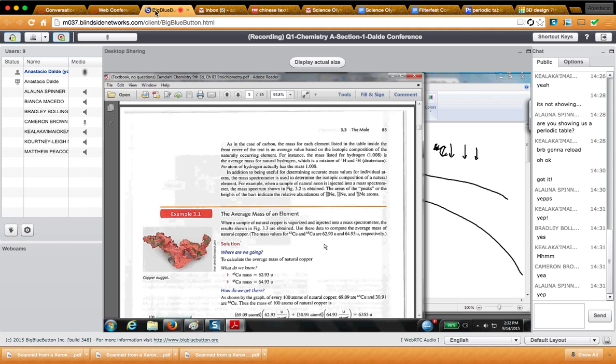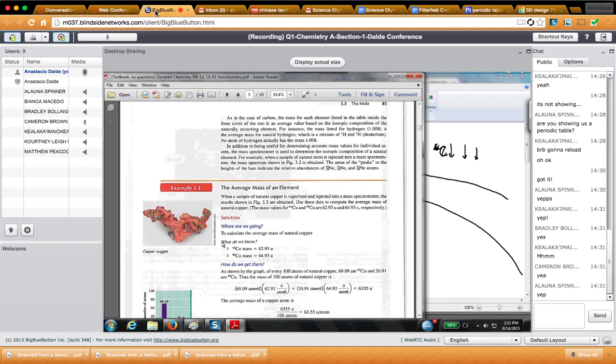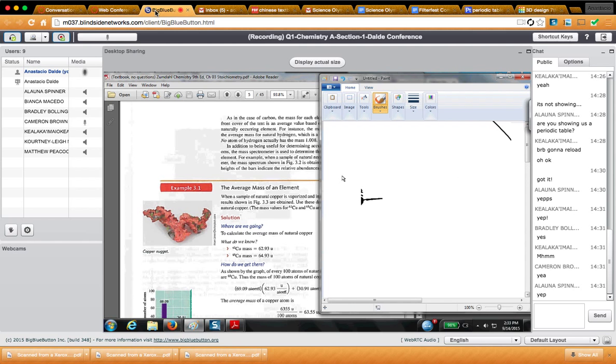Okay, so what do we know? To calculate the average mass of natural copper, you know that copper 63, Cu 63, is equal to 62.93 atomic mass units.